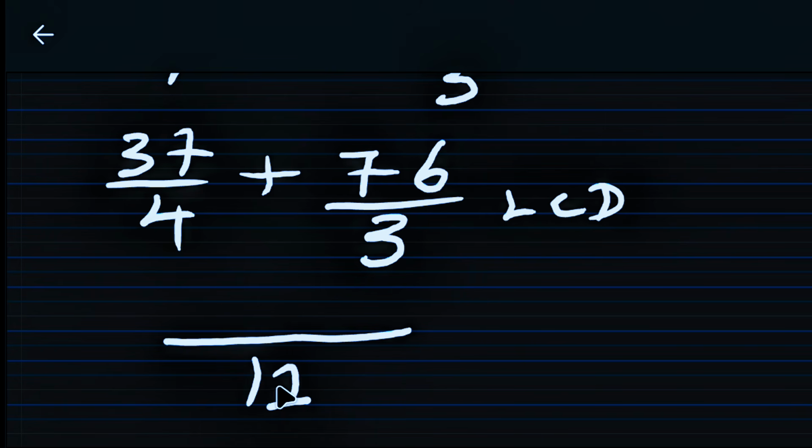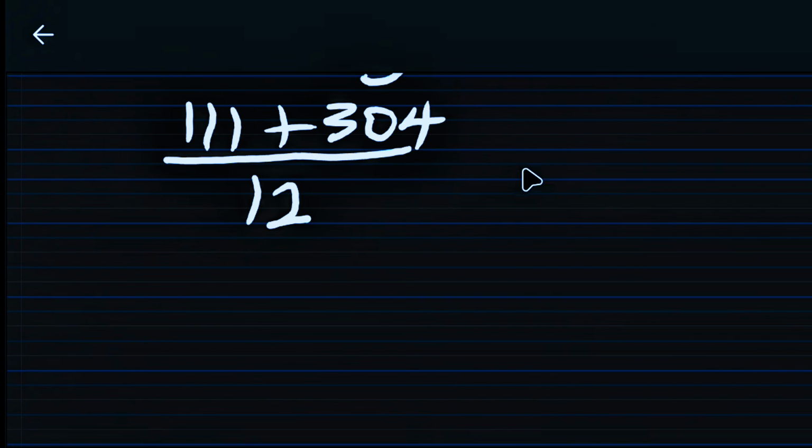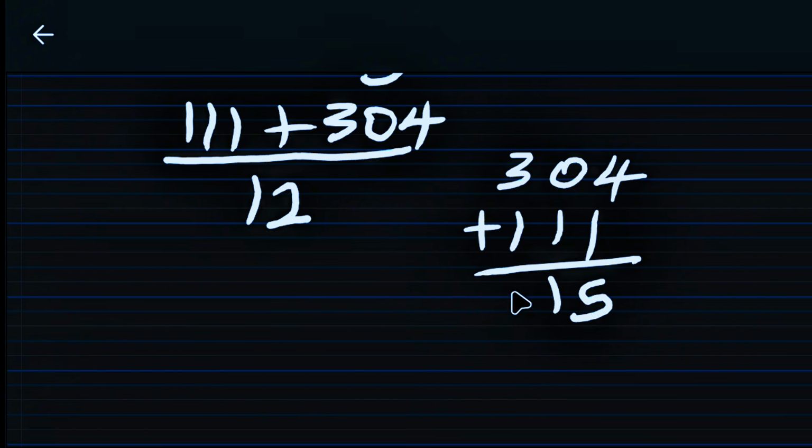Now 12 divided by 4 will give us 3. We'll now multiply 3 by 37, and that will give us 111. Plus 12 divided by 3 will give us 4. 4 multiplied by 76 will give us 304. Okay, so from here, let's now add the numerators together. We have 304 plus 111, which gives 415.